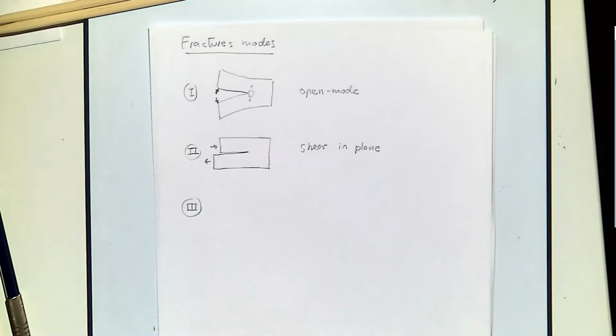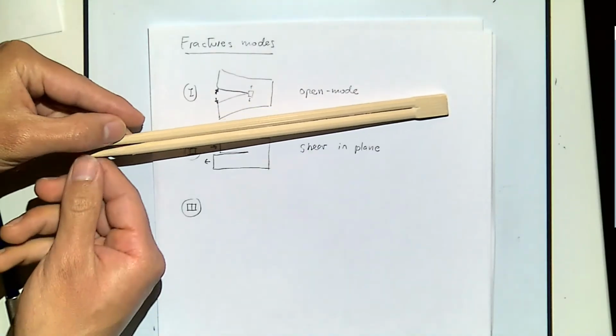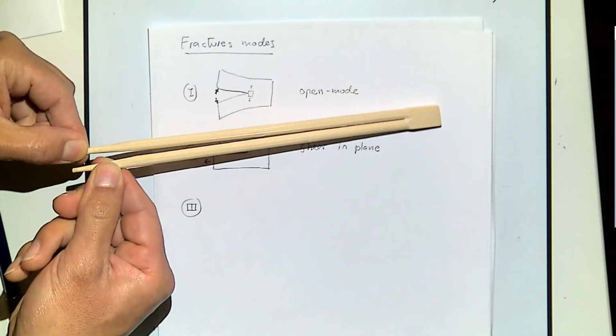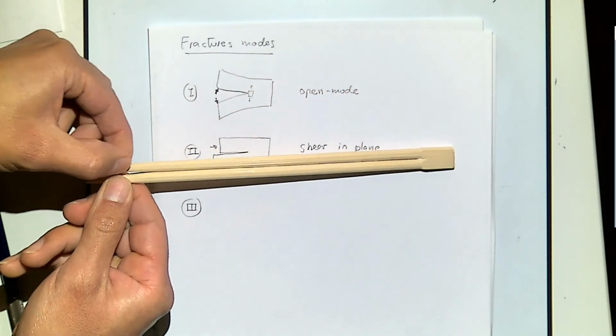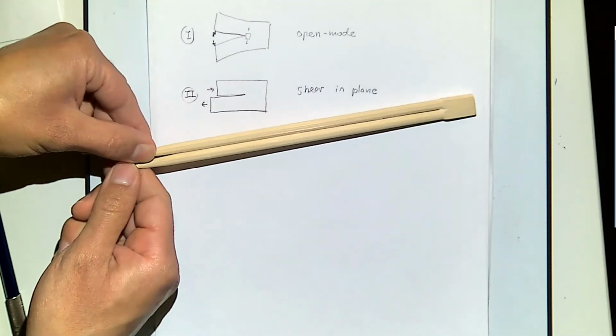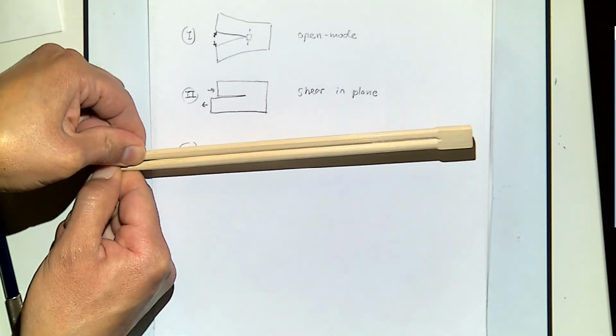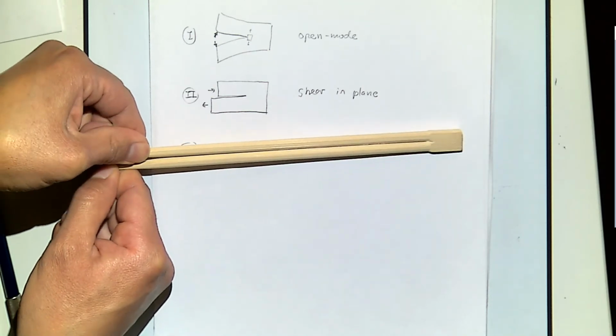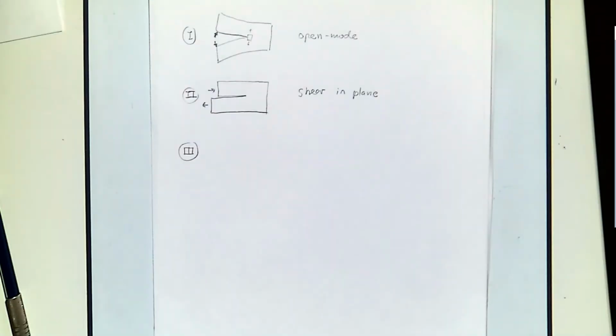With the chopsticks, that would be pushing the top one, as in the figure, and pulling the bottom one. You can try this, but it's going to be very hard to break the chopsticks like that.